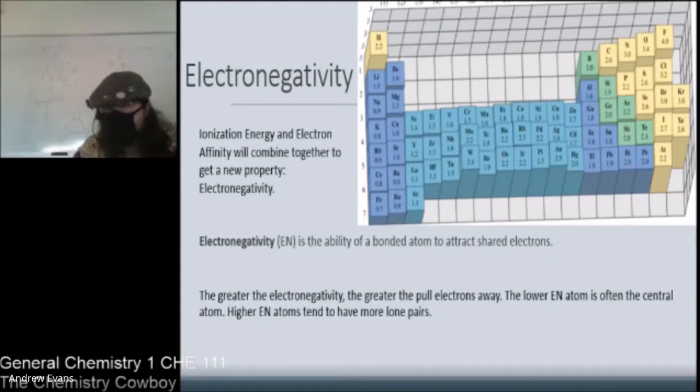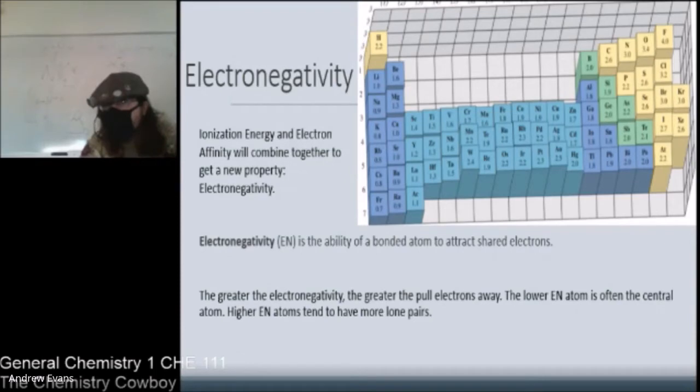One other thing we will learn to deal with, and this is going to have a lot to do with different properties of these guys as we move forward, is electronegativity. So electronegativity will fit in really firmly with our two trends about electrons.